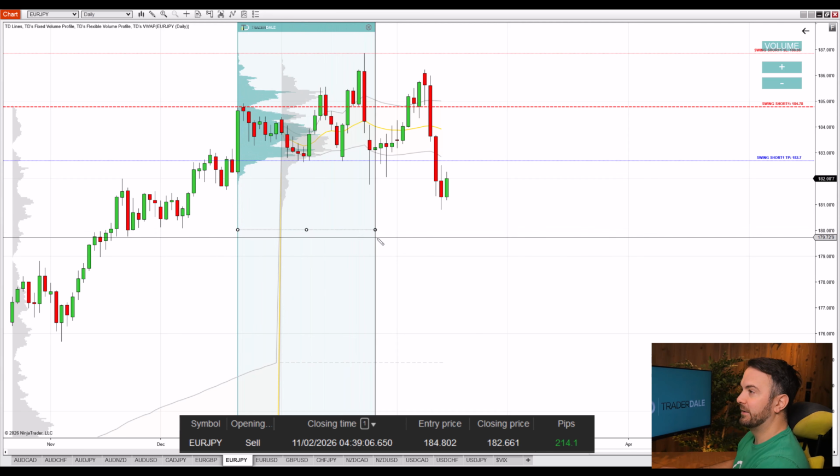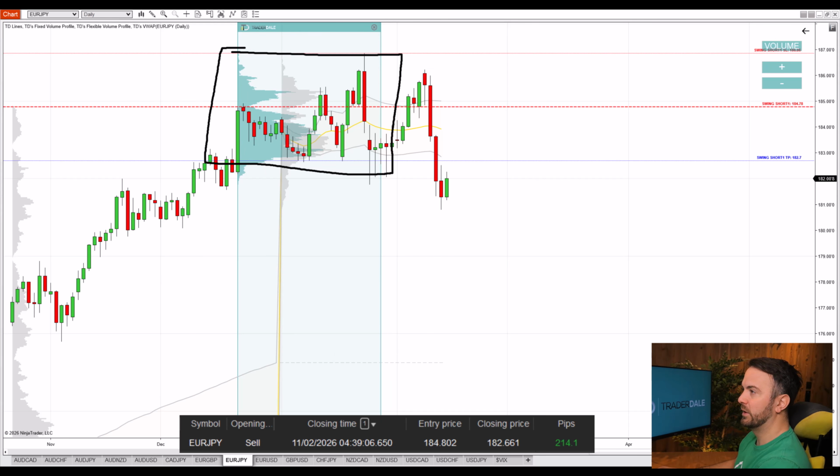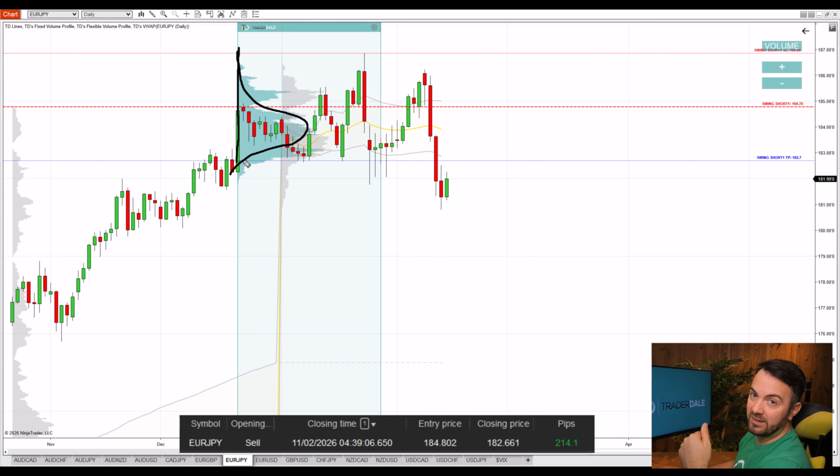The first signal, if you look in this area, this is when I was doing my analysis, the volumes in this area were shaped like a letter B. That's a B-shaped volume profile. When you see a B-shaped volume profile after an uptrend, that could mean two things.